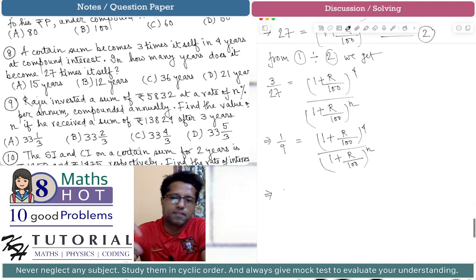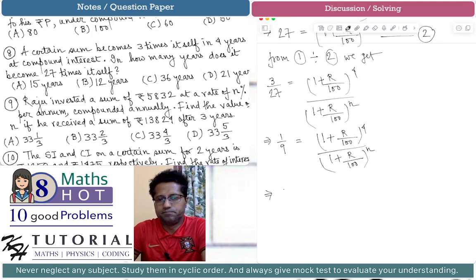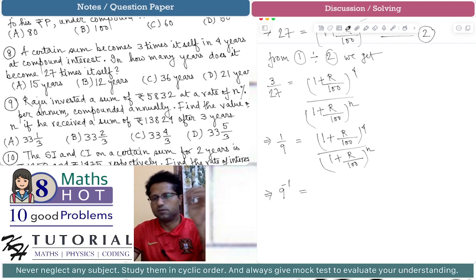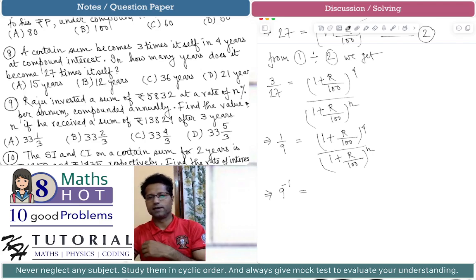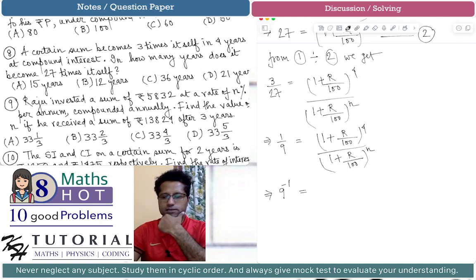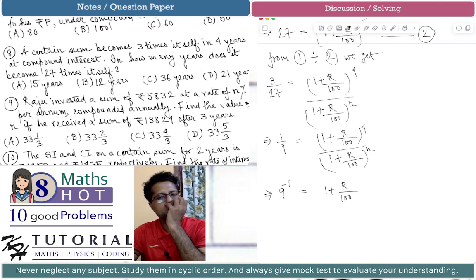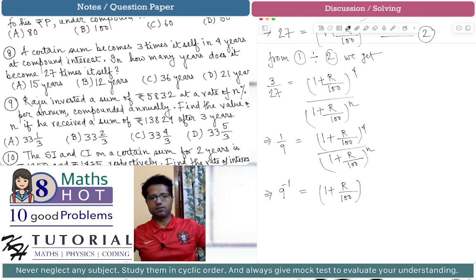So this implies we can say 1 by 9 is 9 to the power minus 1. 1 by 9 is the reciprocal of 9, and the reciprocal of any number x is denoted by x to the power minus 1. So 9 to the power minus 1 is equal to, we can say, (1 + r/100) to the power... Now I'm using some concepts of exponents.